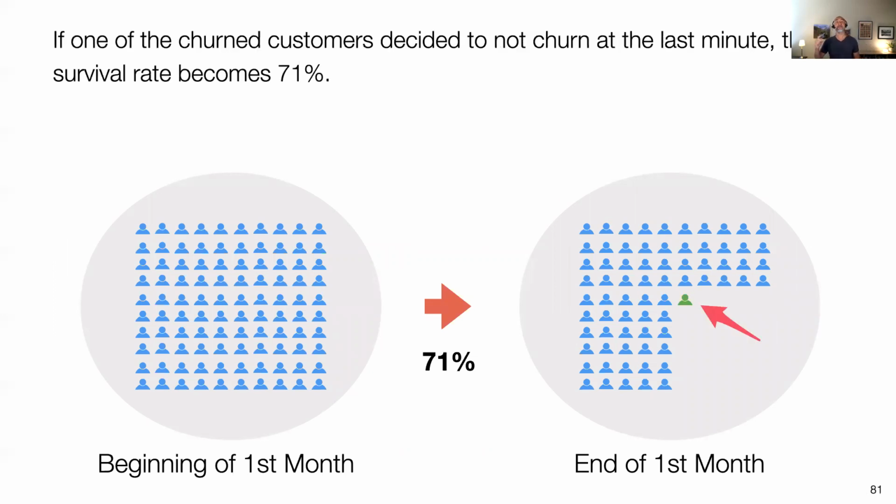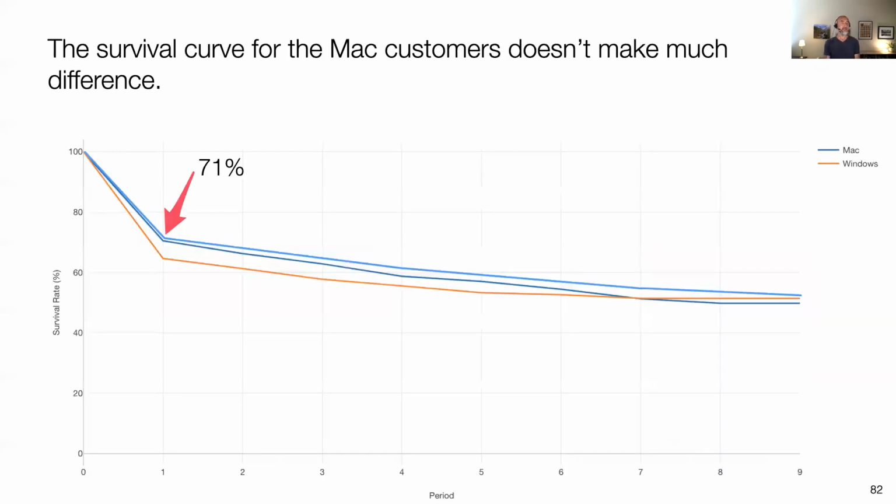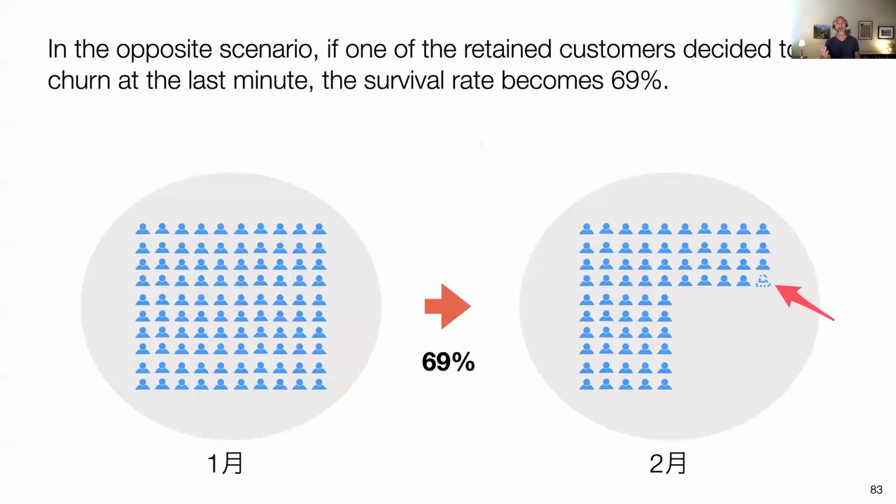And you remember that person who was indecisive, but at the last minute decided not to churn, let's give another chance for the next month? Then that will have an impact on the survival rate, but that impact is only 1%. So now we have a 71% survival rate. And compared to the original Mac survival curve, it's not much of a difference at that first month period. In the opposite scenario, you remember the person who decided to churn at the very last minute?